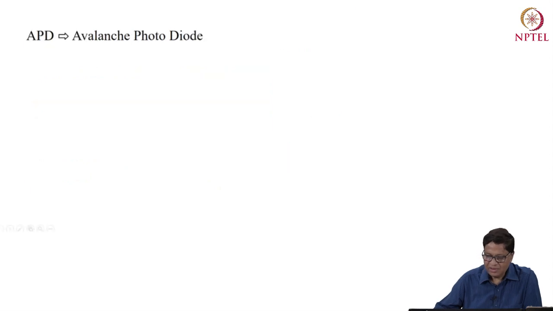Before we start the discussion on the Avalanche Photodiode, let me just give you an idea about the circuitry which is generally used in the photodiode. So you have, this is a photodiode.